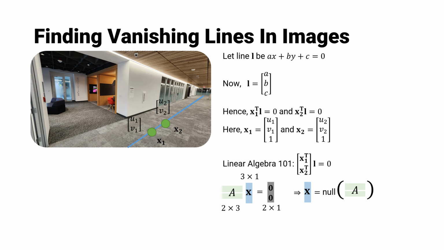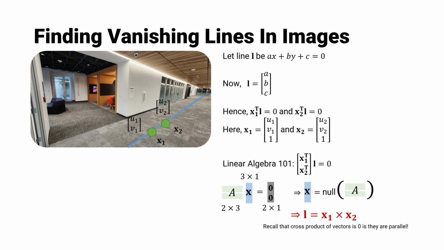The coefficients of the line L, which in the bottom image is referred to as x, the independent variable (sorry for the abuse of notation), is going to be derived as the null space of this matrix, which is x1 transpose and x2 transpose. So in other words, we are going to obtain the coefficients of the line L as the cross product between x1 and x2.